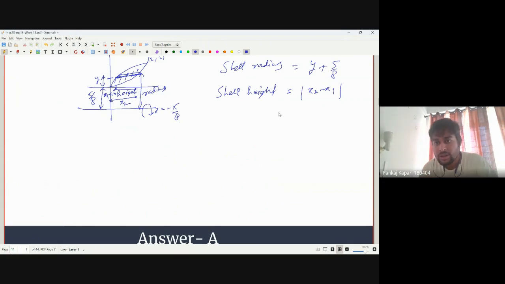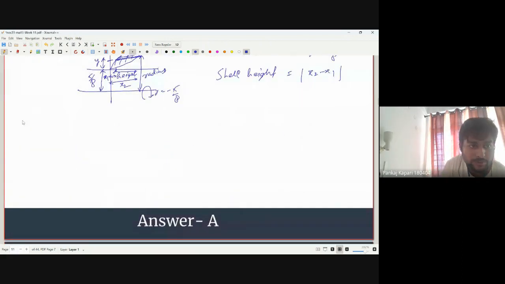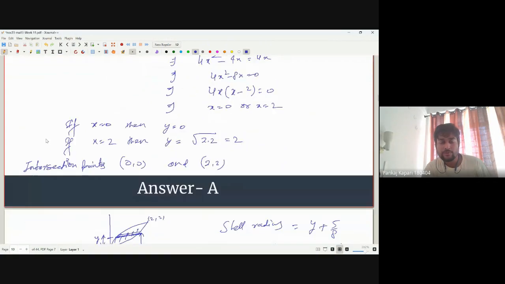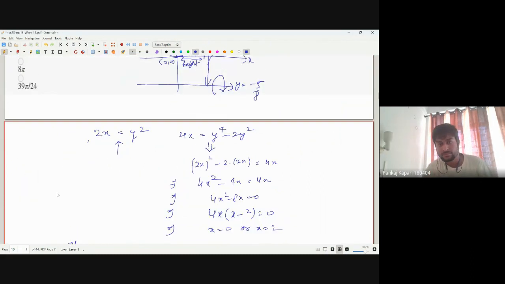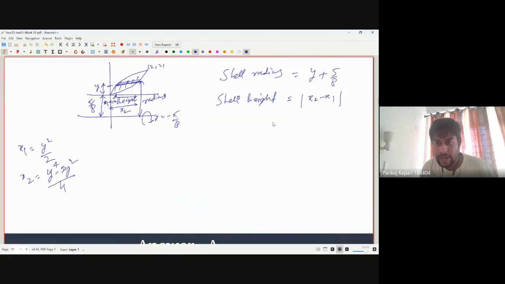Okay, now what are our two equations? Let's recall that from the one equation we get x1 is equal to y square by 2, and from the second equation we get x2 equal to y to power 4 minus 2y square divided by 4. Okay, so what will be the height then? It is the modulus of this difference.